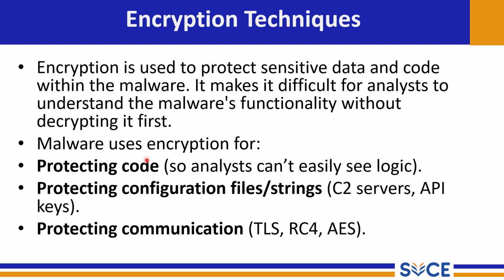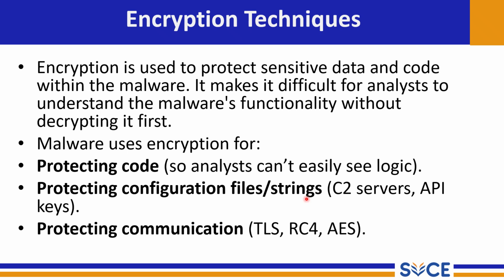Second, protecting the configuration files or strings, like C2 servers or API keys and much more. And third, protecting the communication, like TLS, RC4 or AES, right? So all those things come under this particular topic.